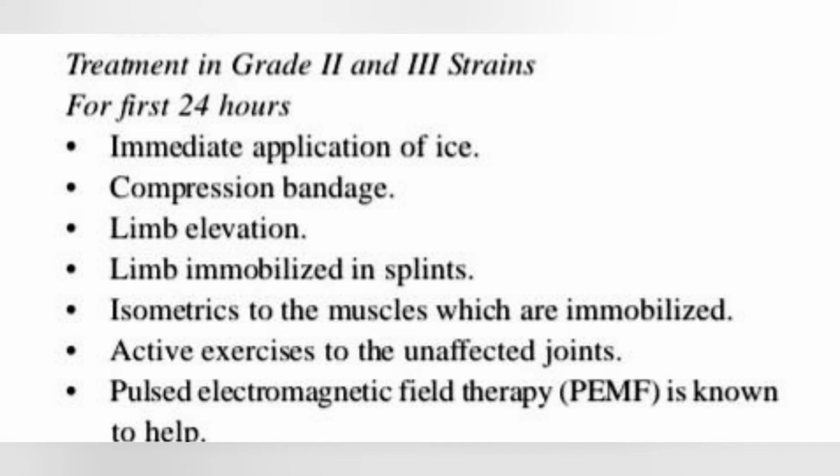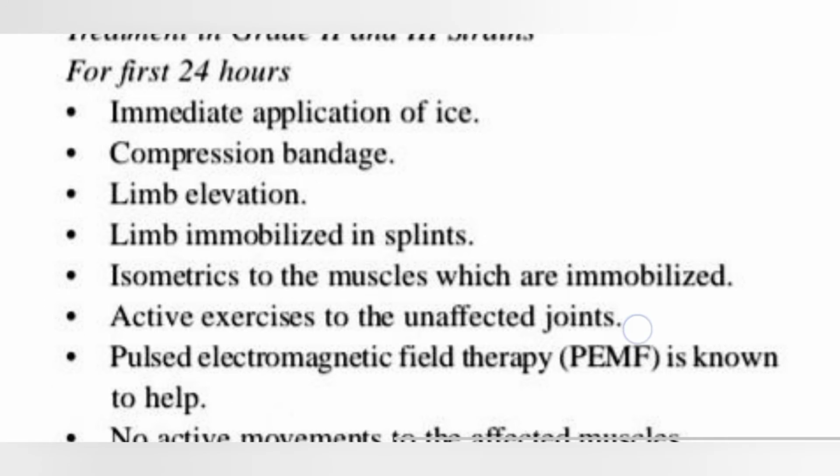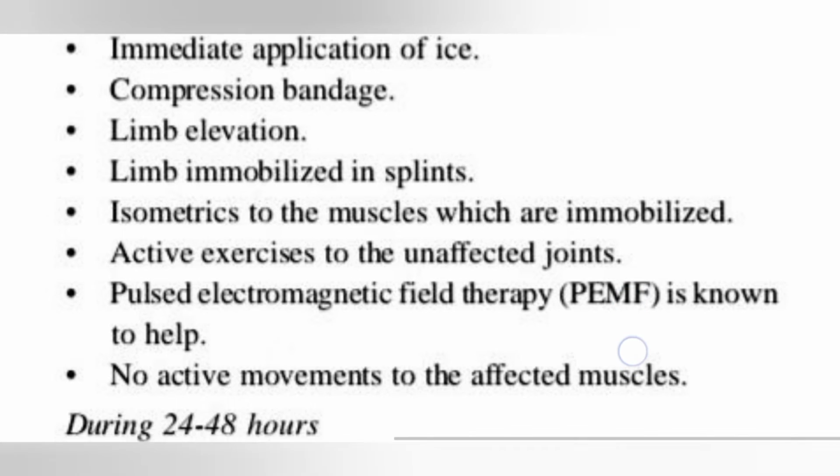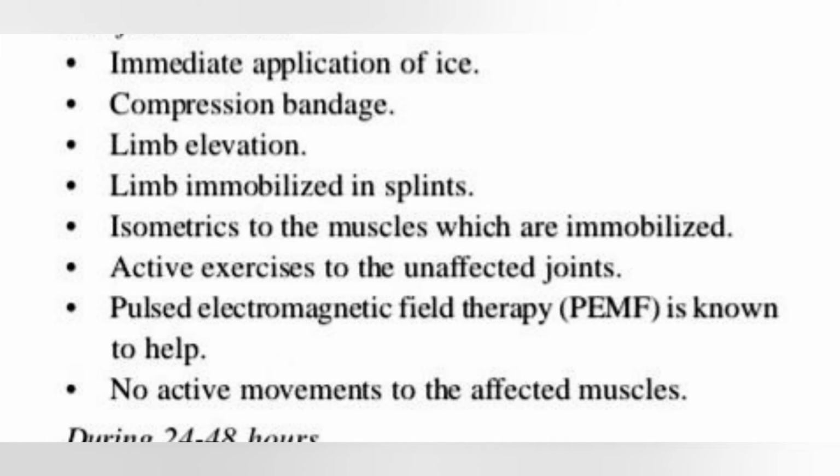Active exercise to the unaffected joints, and pulsed electromagnetic field therapy, PEMF therapy, is known to help. No active movement to the affected muscle. These are all the measures you can do in the first 24 hours.